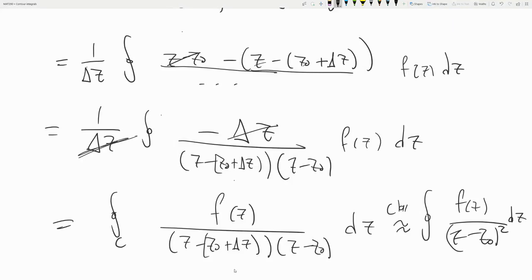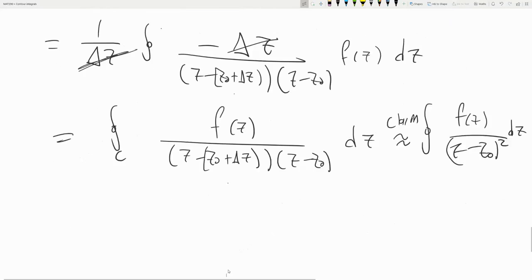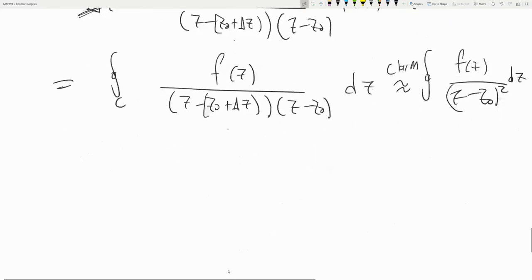That's the claim. Okay, let's continue. So we're going to prove this claim. In the book, they take their difference.